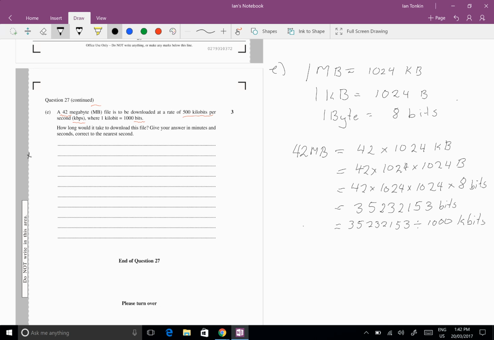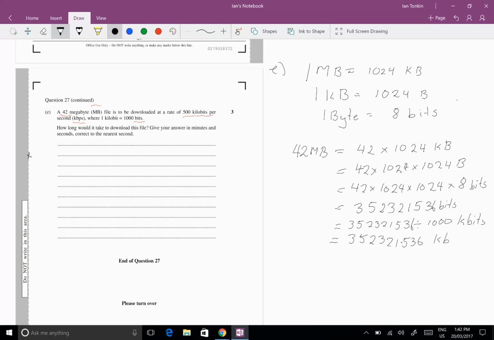So that'll be 352321. I've got a 6 there, sorry. Got a 6. 215.536. My mistake there, I forgot that 6. Now we've got kilobits. It's a small b.